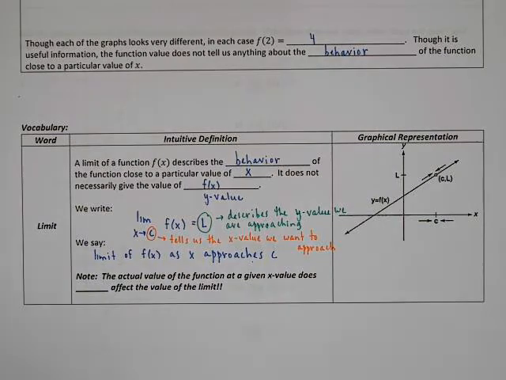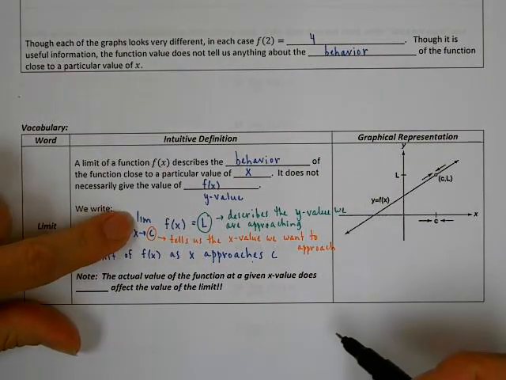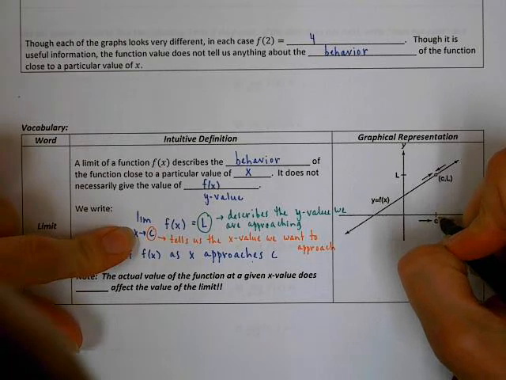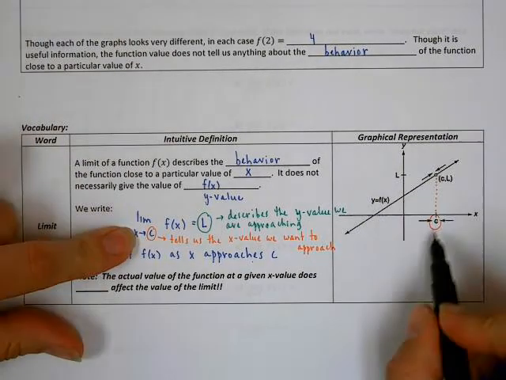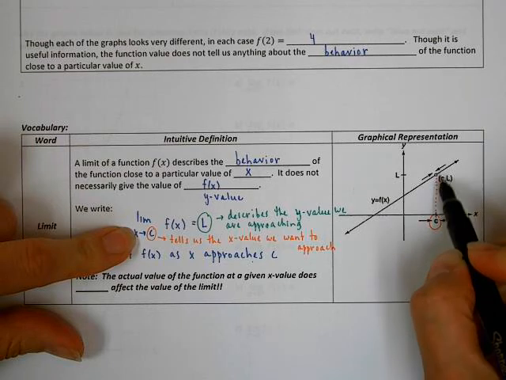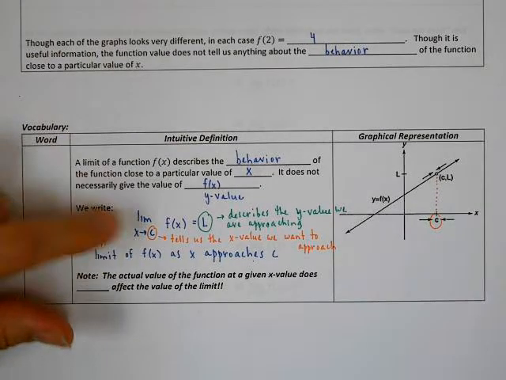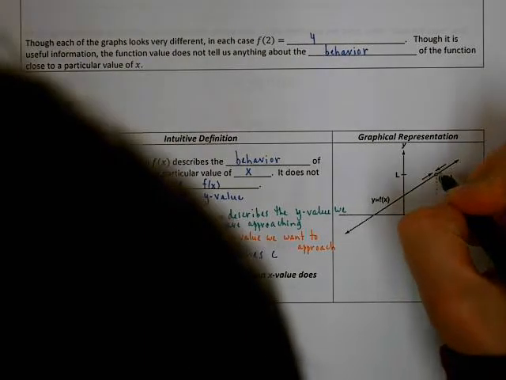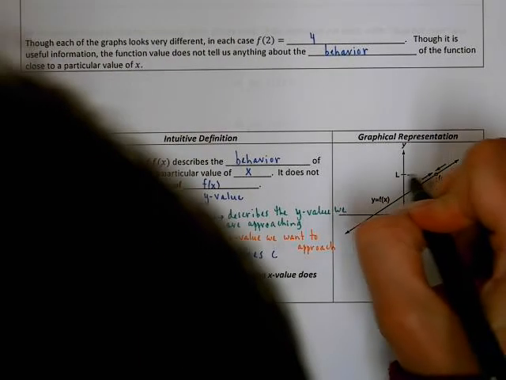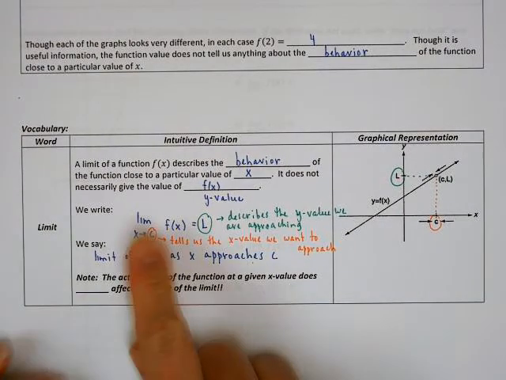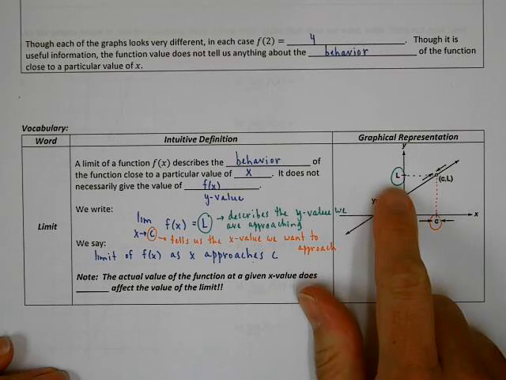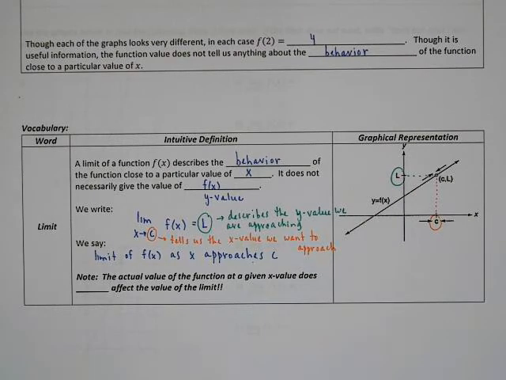If I look at this example here, if I say the limit as x approaches c, here I'm focusing on c, and I'm going to go up here, and I want to know not necessarily the function value, so I'm not looking for f of c, but I want to know what's happening really close to c. And I can tell really close to c, I'm getting close to this y value of L. So this is going to be our x value. Our limit is always a y value.